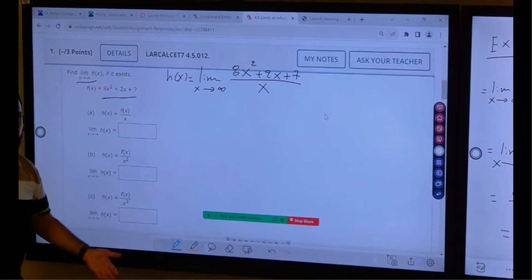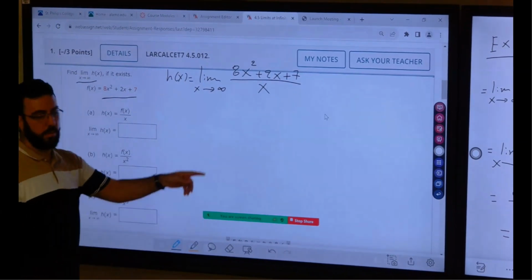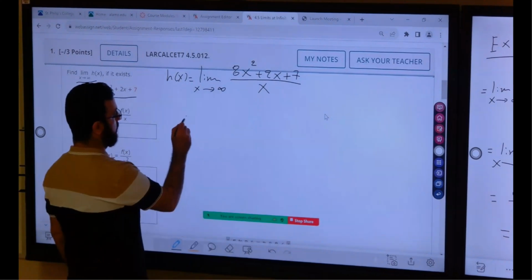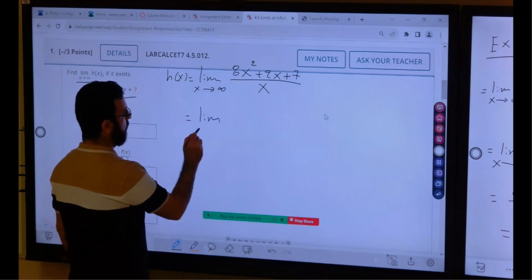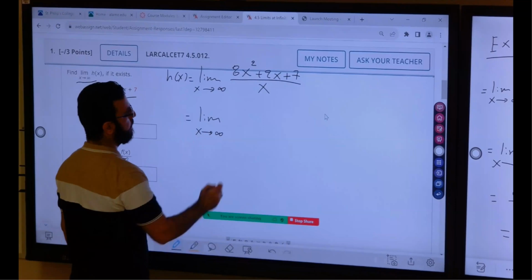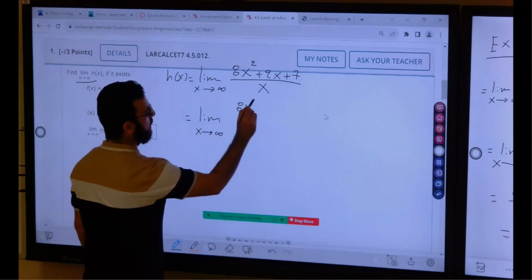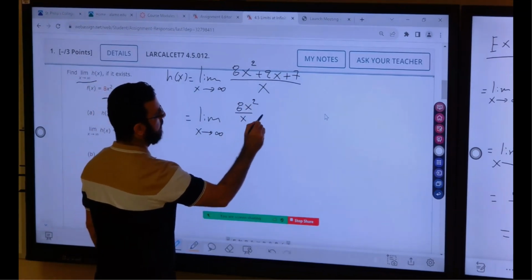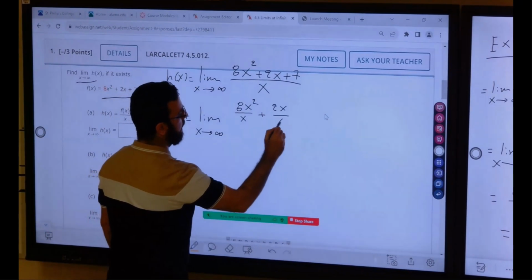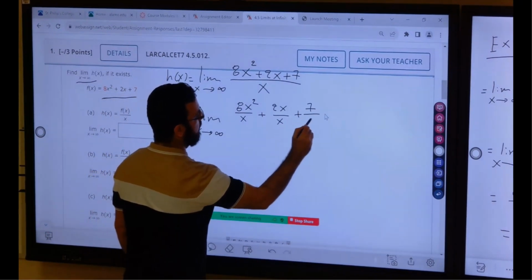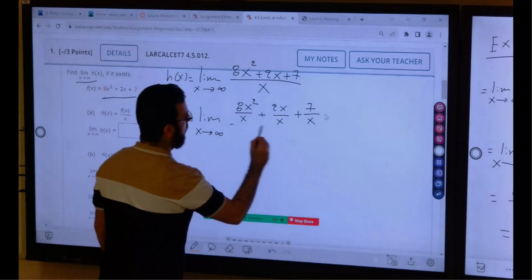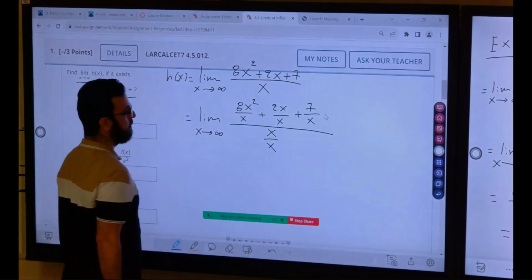Divide both by the highest exponent. So this one is going to be the limit as x approaches infinity of 8x squared divided by x plus 2x divided by x plus 7 divided by x, over x divided by x.